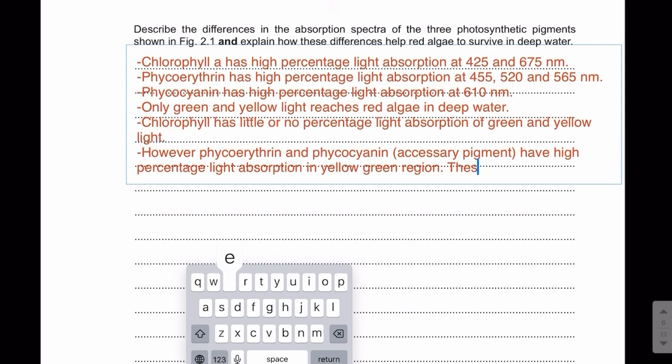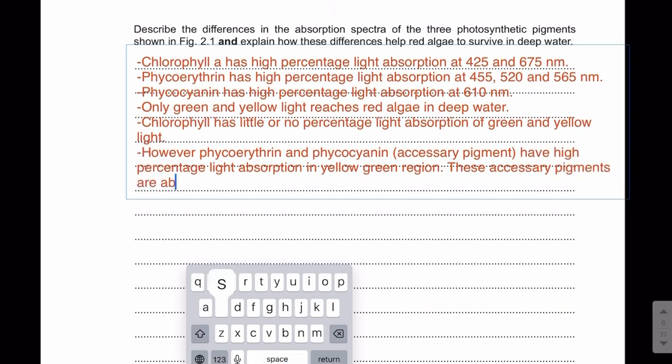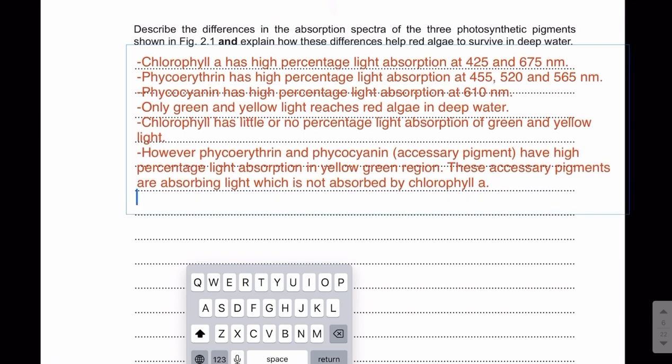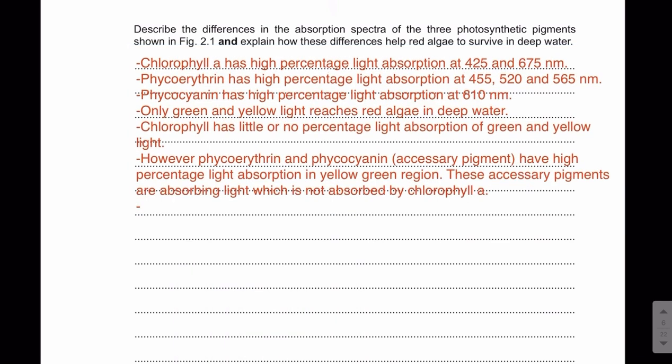These accessory pigments are absorbing light which is not absorbed by chlorophyll A, which is the primary pigment, right? And just because of these pigments, red algae are surviving, and they have high growth in deep water.